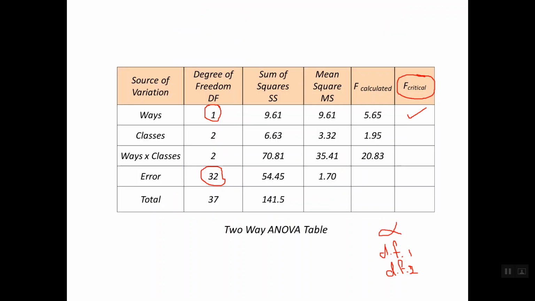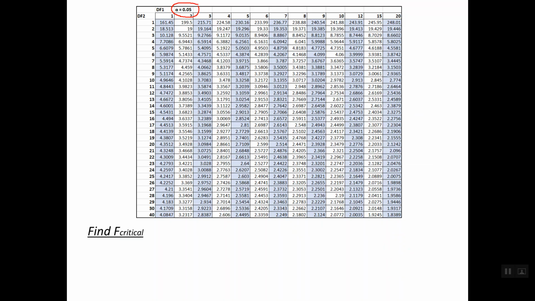To find the F for ways, we need degree of freedom 1 and degree of freedom 32. In this row is the value of degree of freedom 1, and this column represents the degree of freedom for the error, and we need it to be 32.